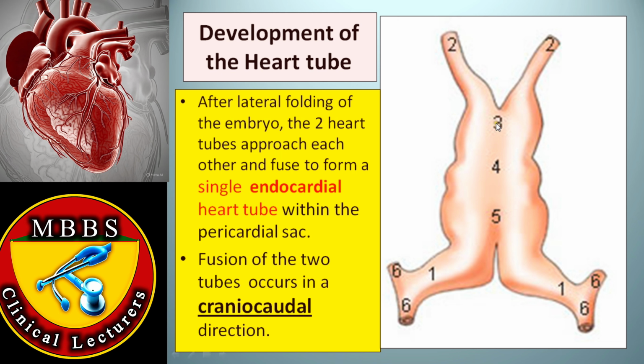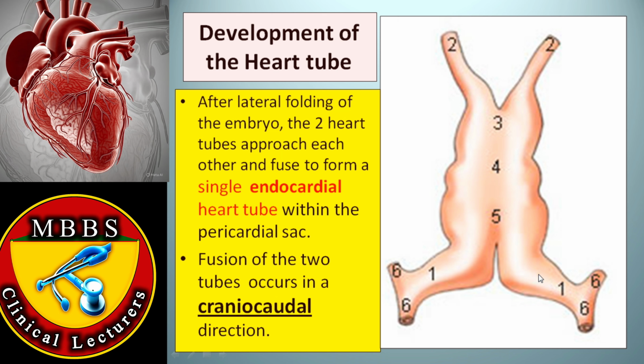So how do the developmental changes occur? I hope all of you can easily visualize the fusion of the endocardial tubes. This fusion converts the heart into a single tube having two ends: one is called the arterial end and the other is called the venous end.